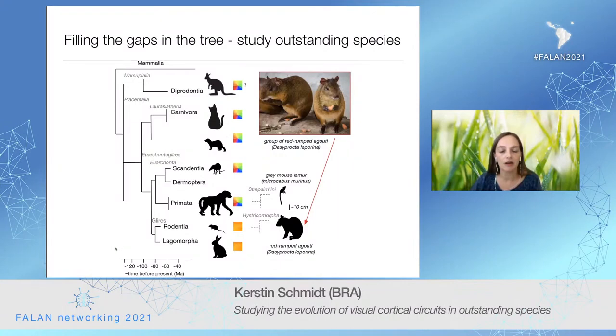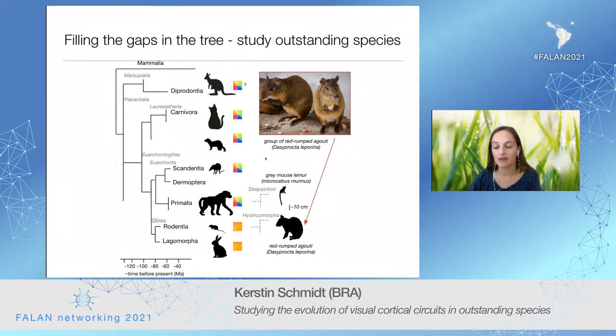So which gaps in the mammalian tree do we still have to fill in order to answer those questions? Which outstanding species at the corners of the tree have we not yet studied? And the agouti came to our mind because it's the rodent with the so far largest investigated visual cortex in terms of orientation selectivity.